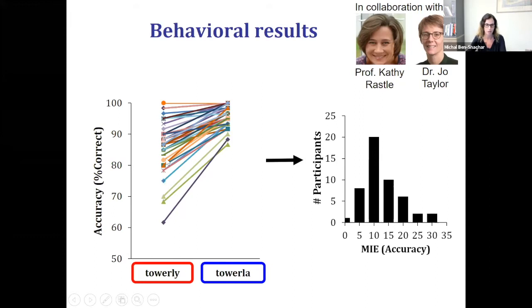And some of them are severely affected by the manipulations and others not so much. This is great for us because now we have variability, which is essential to detect correlations with brain measures.